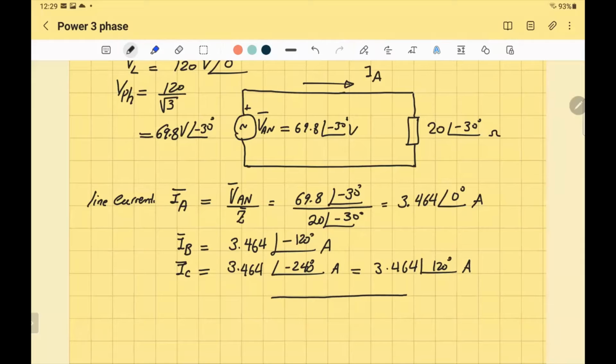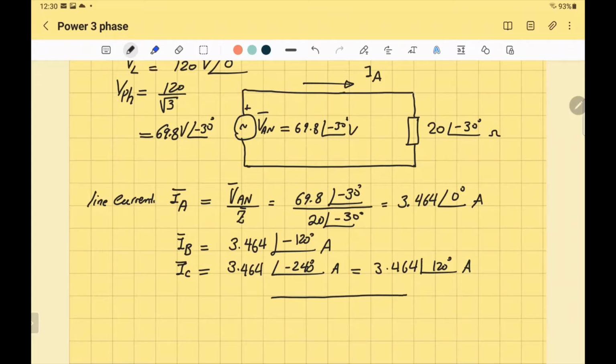Because that's the phase voltage, and the line voltage, assume it is at angle 0, and in star connection the line voltage leads the phase voltage by 30 degrees, it means that the phase voltage is lagging the line voltage by 30 degrees, so I put it negative.